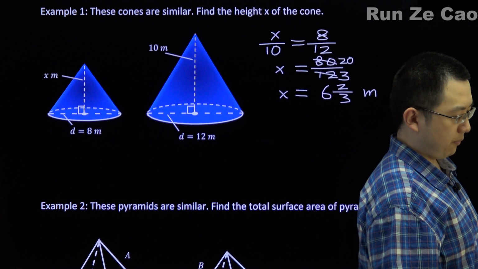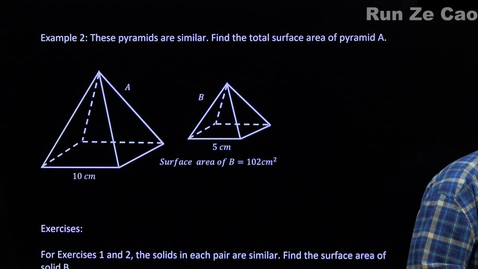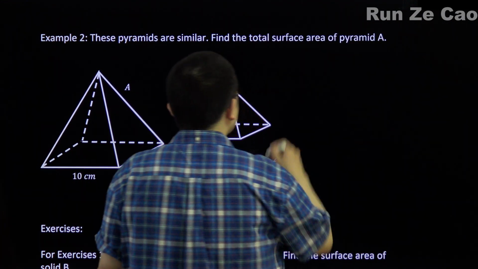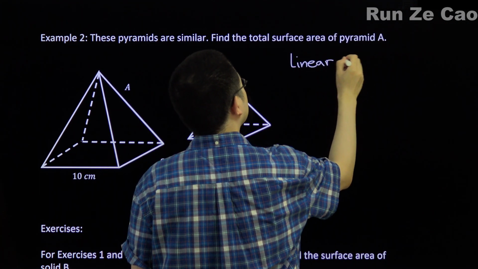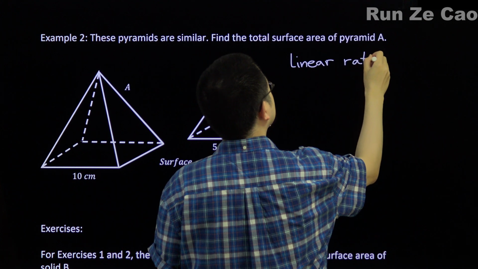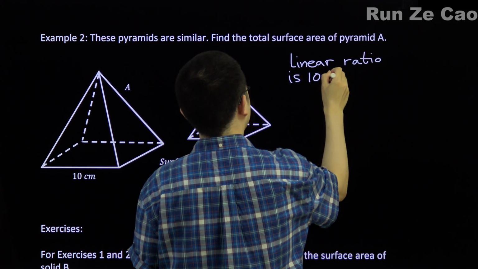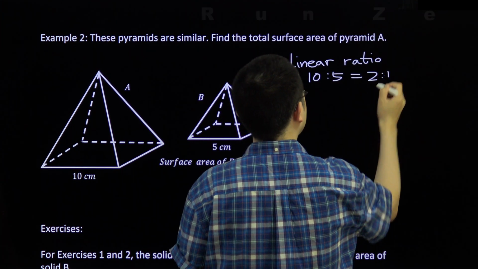Alright, these pyramids are similar. Find the total surface area of pyramid A. Linear ratio is 10 to 5, so 2 to 1.